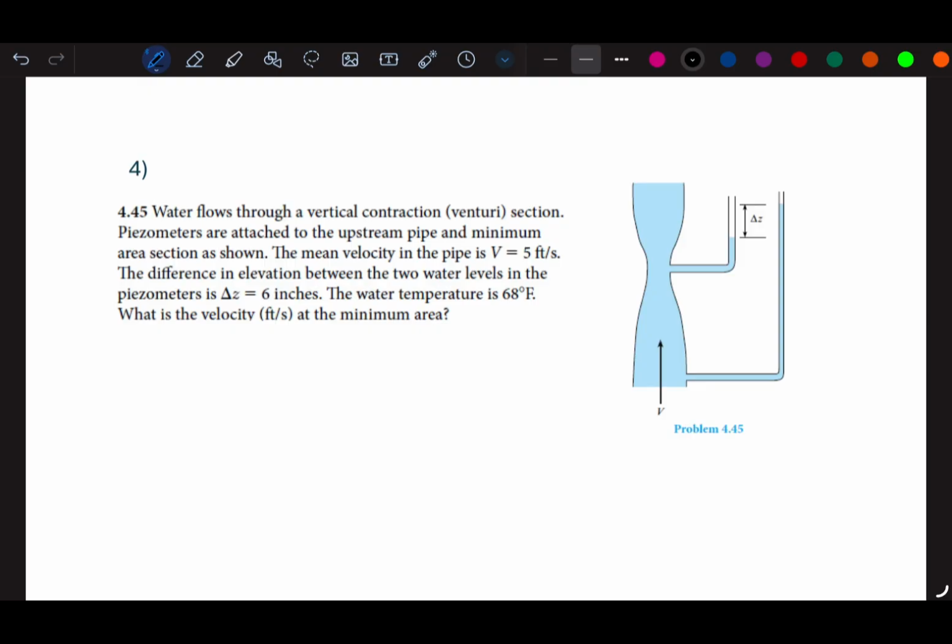So in this question we need to use Bernoulli, and since you already know from the course, but let me remind you again, the Bernoulli equation comes from applying Euler's equation to steady flow along a streamline.